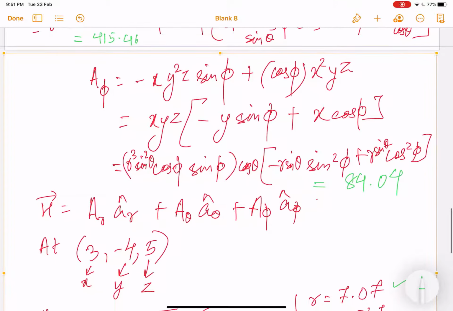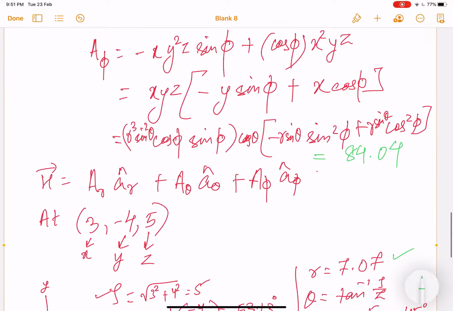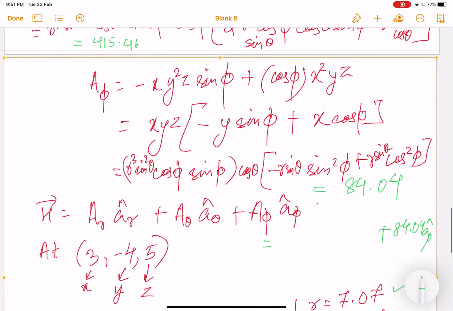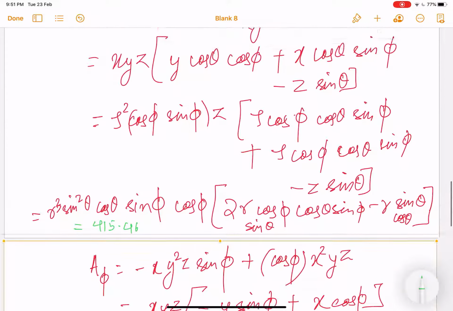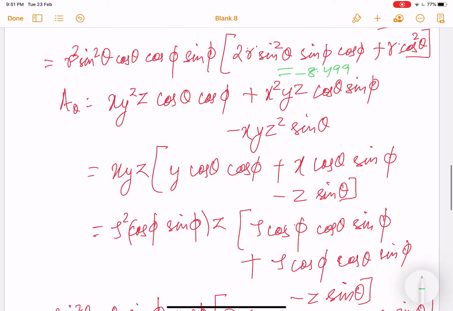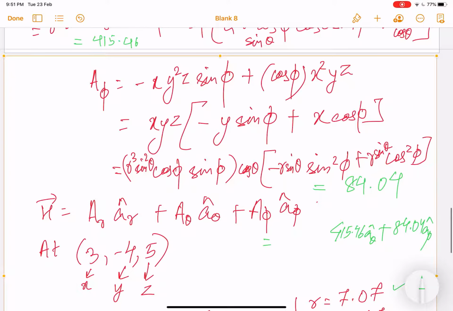84.04. Then if you write this vector, you will get 84.04 a phi cap. The top one was 415.46 a theta cap, minus 8.499 a r cap.